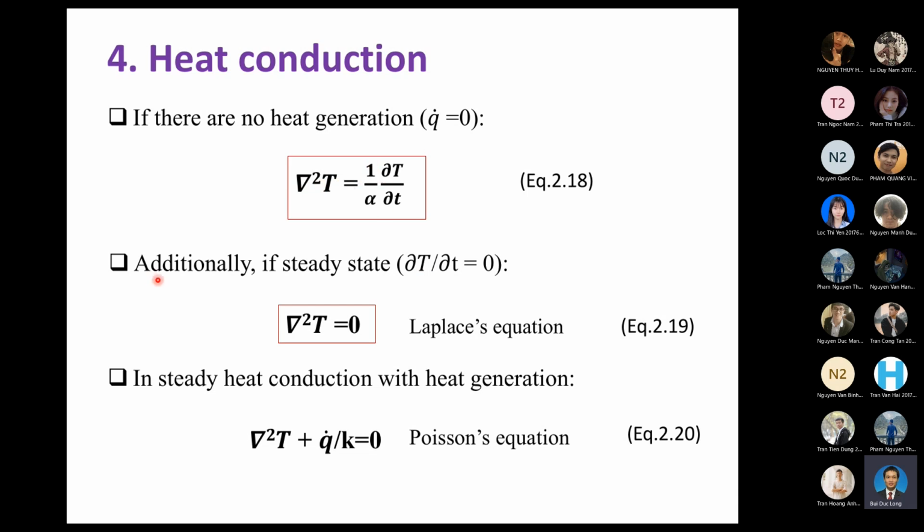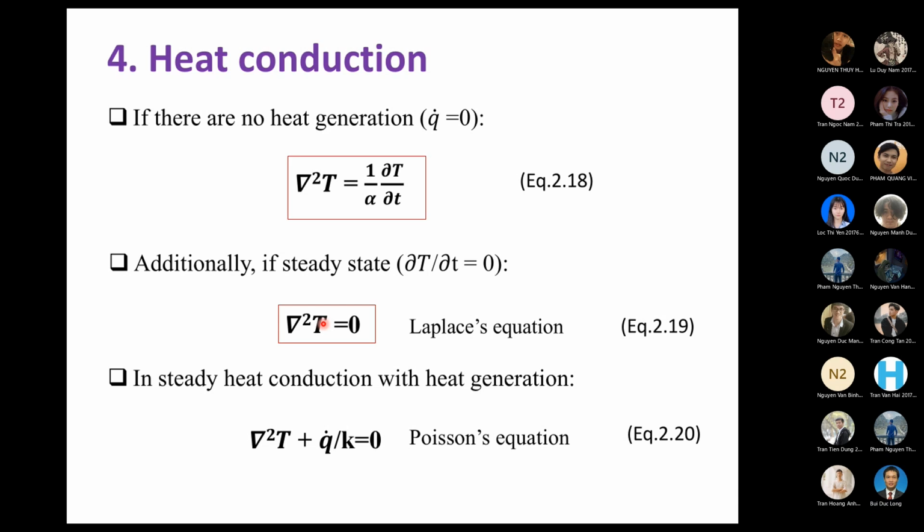Even more, in the case of steady state, it means the temperature doesn't change, the temperature is constant, so this term will be equal to 0. Now we have the Laplacian of T equal to 0. The equation is even simpler, more and more simple.